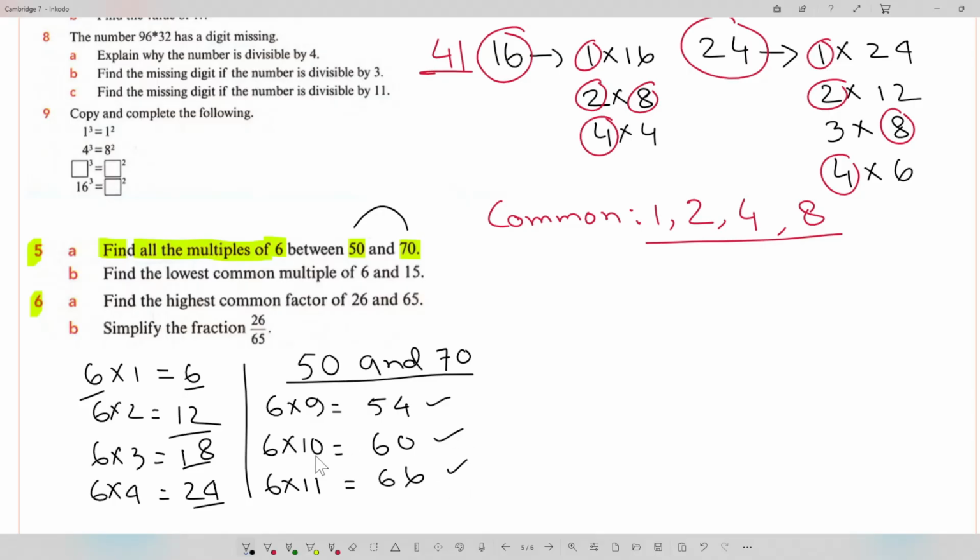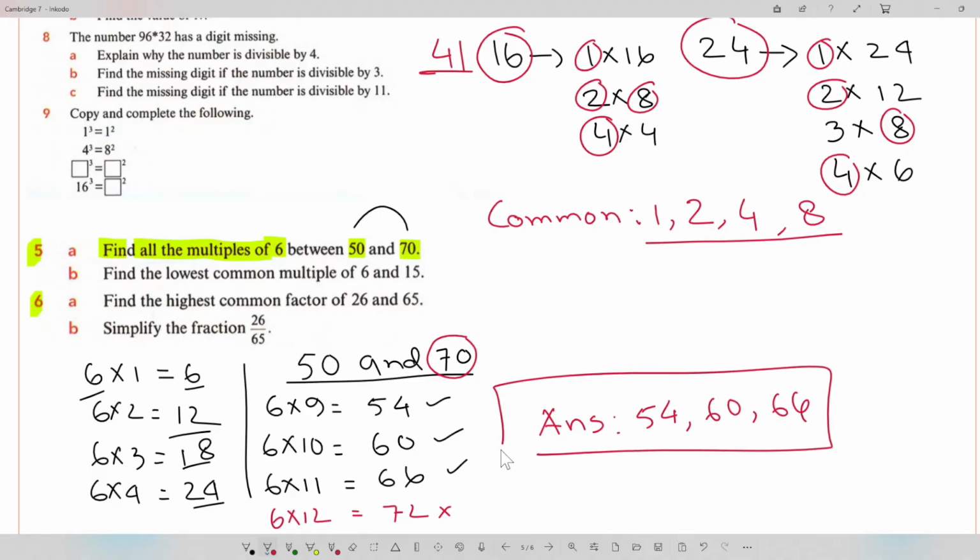But we cannot take 6 times 12 is 72. We cannot take this one because we need up to 70. So find all the multiples of 6 between 50 and 70. Answer, it should be 54, 60 and 66. Okay, so very simple and clear. So number A of 5 done.